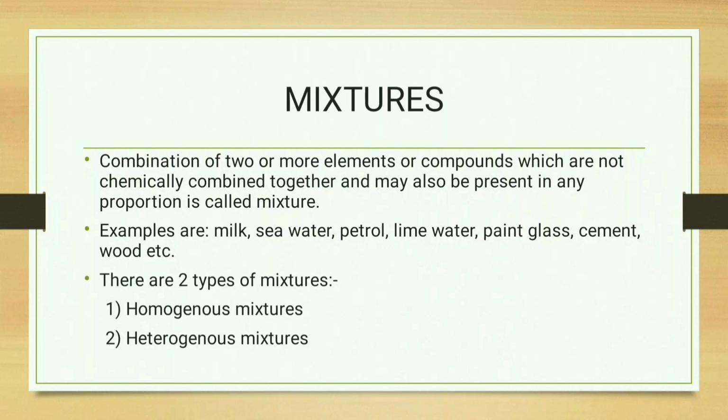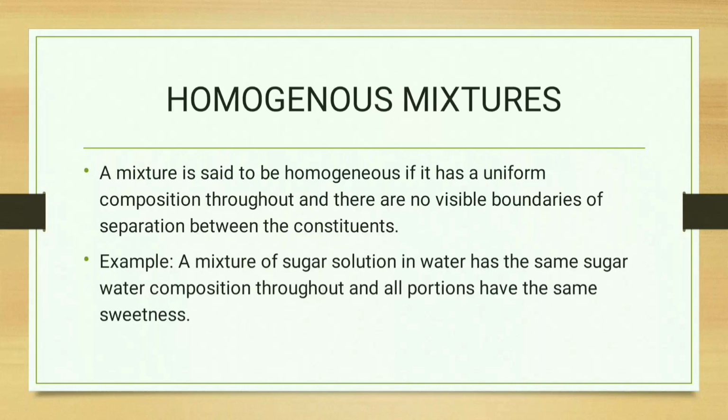Now there are two types of mixture, homogeneous and heterogeneous. First, moving on to homogeneous, a mixture is said to be homogeneous if it has uniform composition throughout and there are no visible boundaries of separation between the constituents.